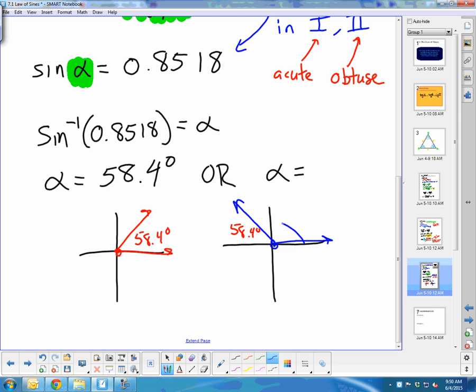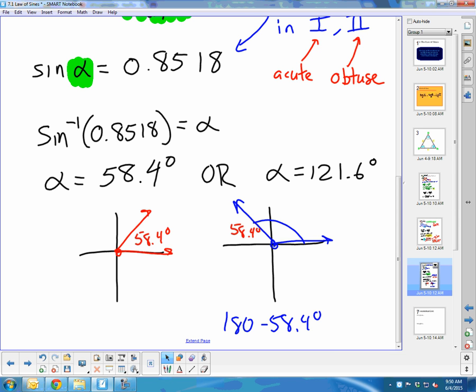And the question becomes, how big is that angle? So I would do 180 minus 58.4 degrees. And when I do that, I get that alpha could be 121.6 degrees. The truth is, we don't know which one of these it is. That's why it's called the ambiguous case.